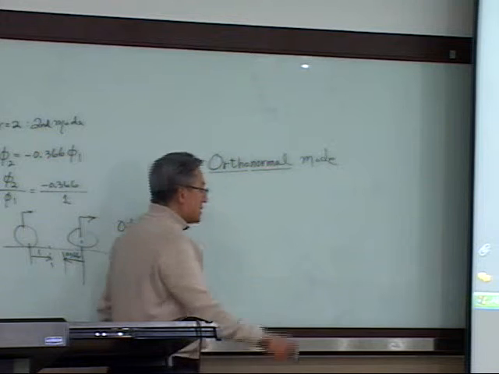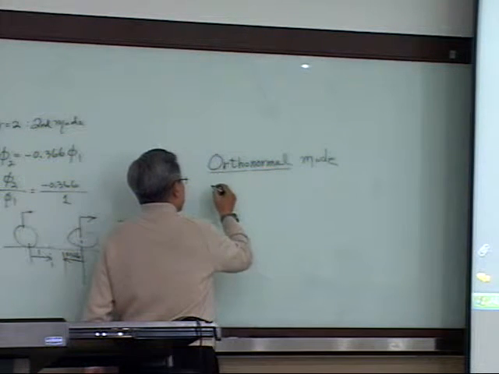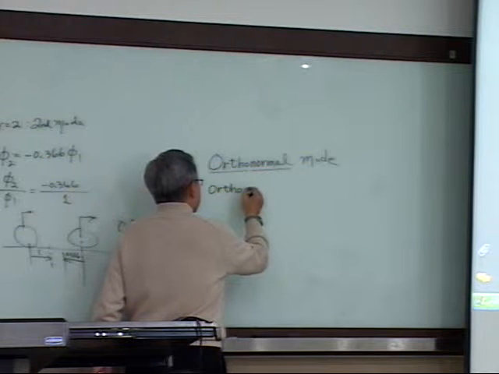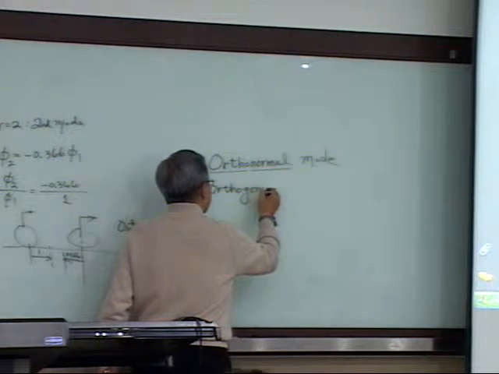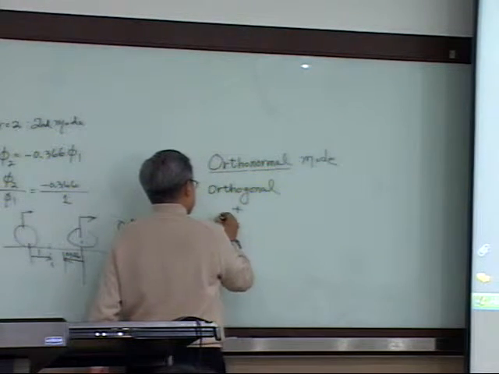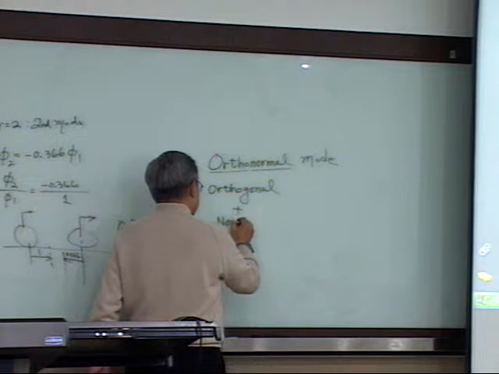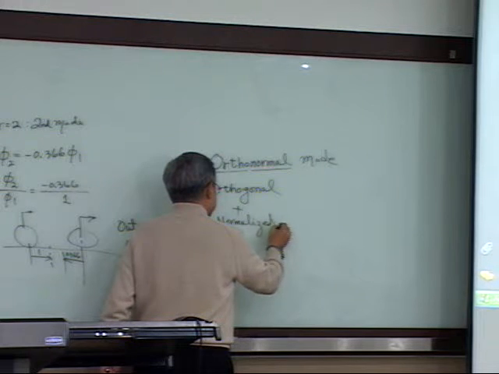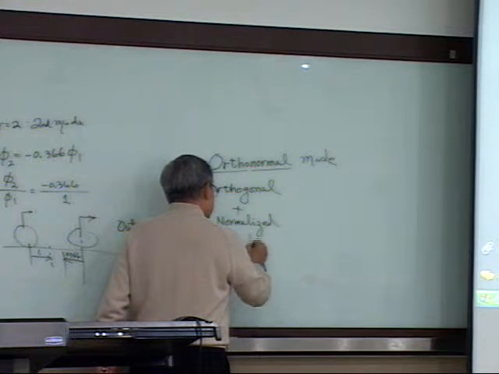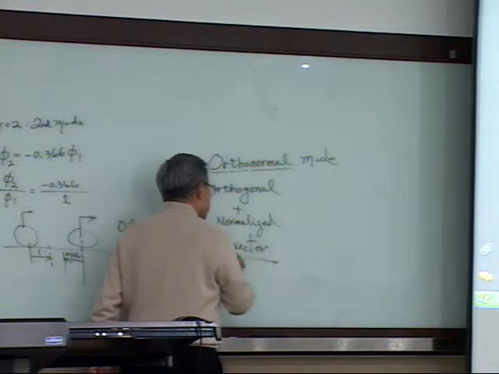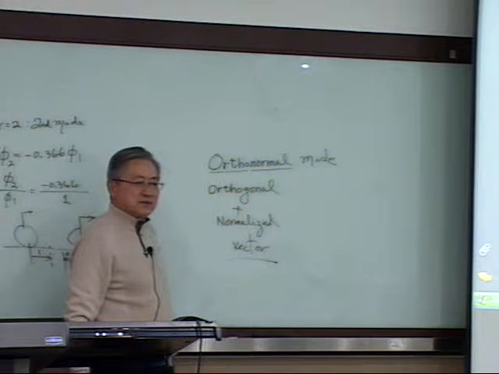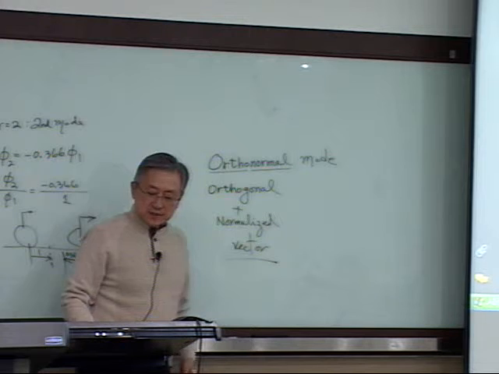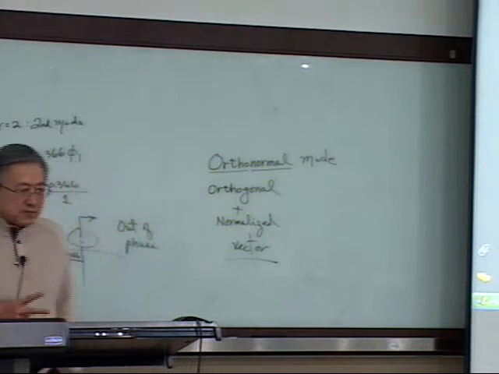That's what orthonormal is, a combination of orthogonal plus normalized vector. It has some nice features in there. Okay, that's what the two things.